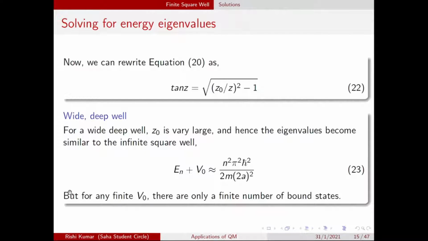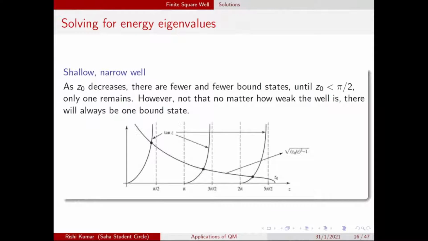So for any finite V naught, there are only a finite number of bound states, unlike our infinite square well, where an infinite number of bound states are possible within our potential well. So what happens when our well becomes more shallow and more narrow?